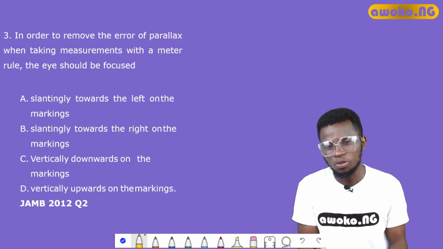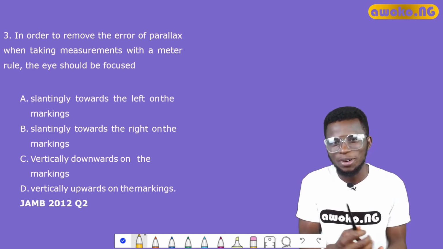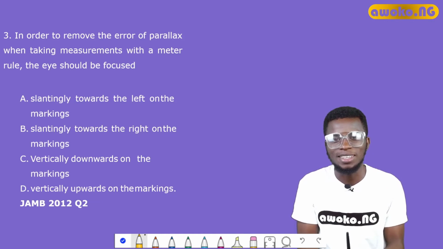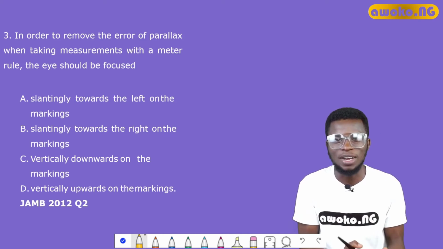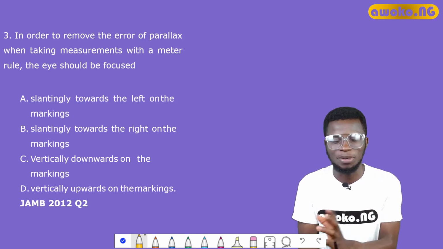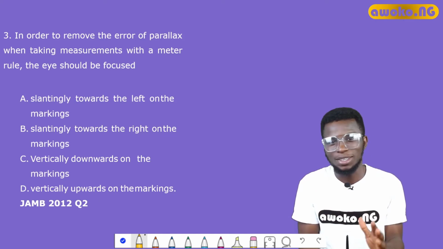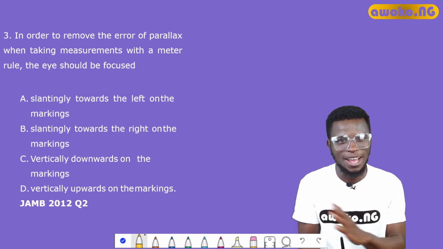Before approaching this, what is parallax error? I'm sure while in my secondary school days, most times experiments ask you to find the precautions used in so and so experiments. So without even thinking twice, most times I would just write avoid errors due to parallax.